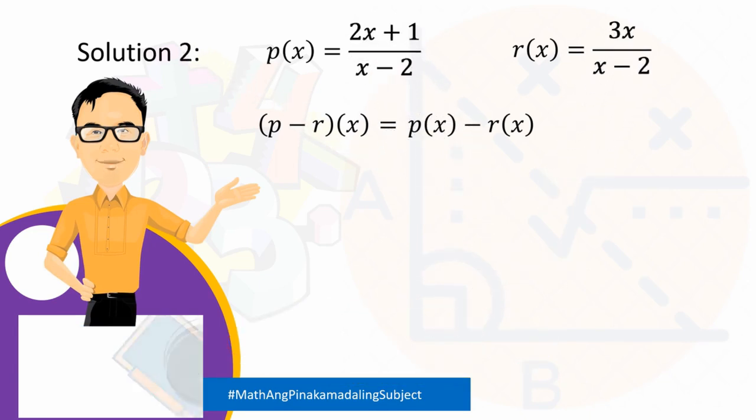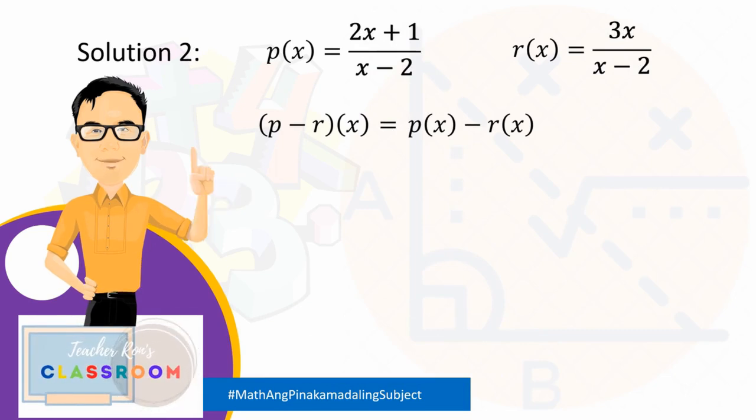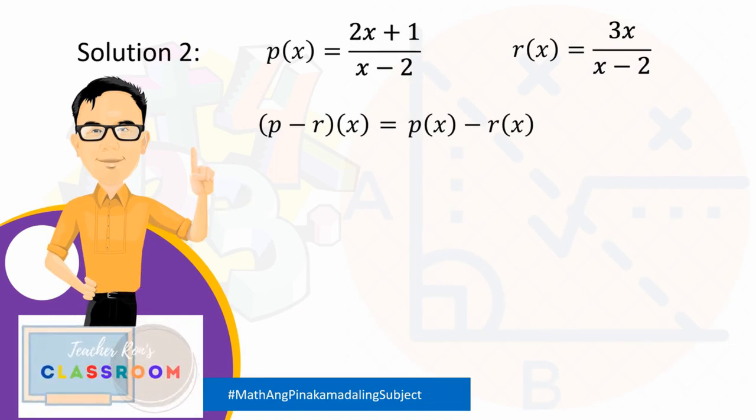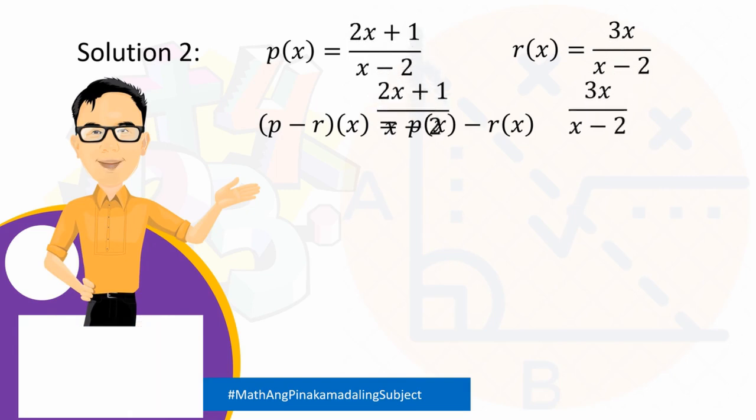Now let us solve for p minus r of x. P minus r of x equals p of x minus r of x. Again, we replace p of x with 2x plus 1 over x minus 2 and r of x with 3x over x minus 2.